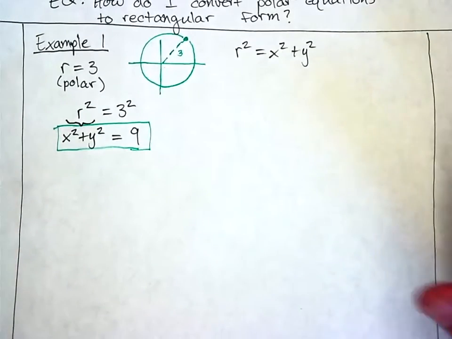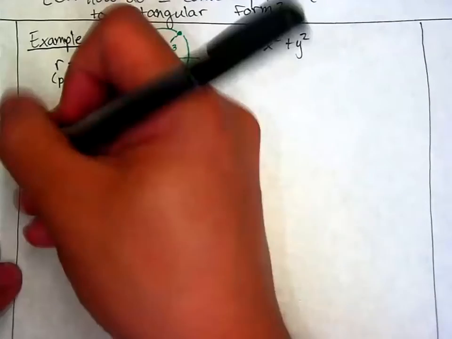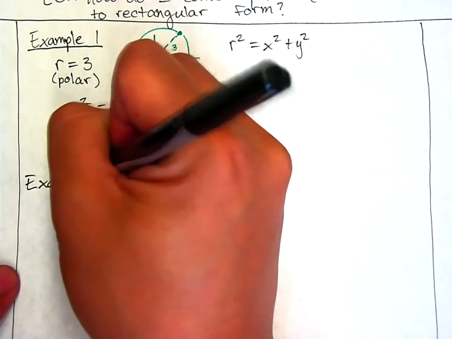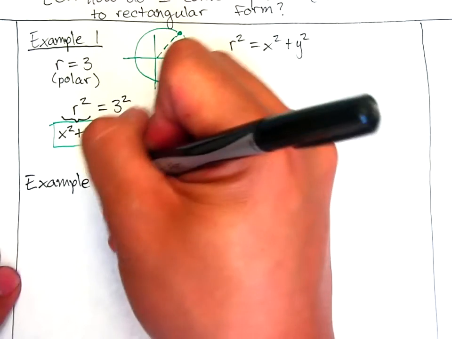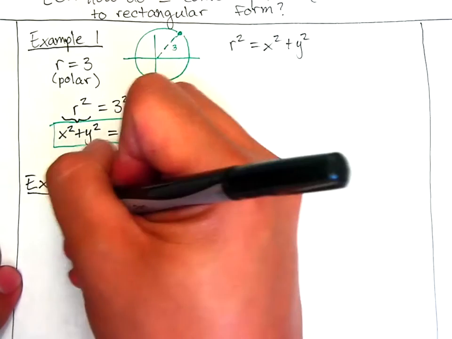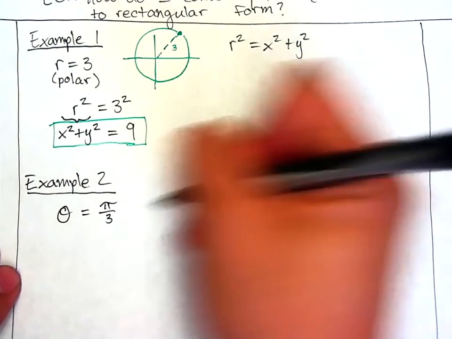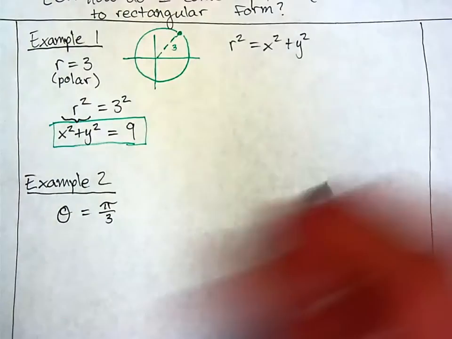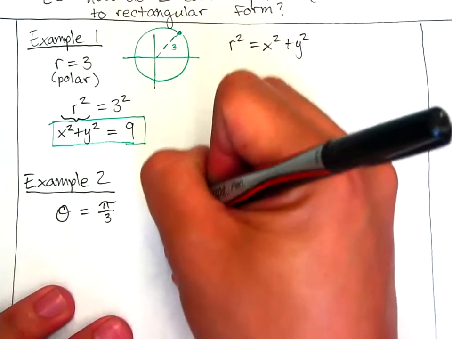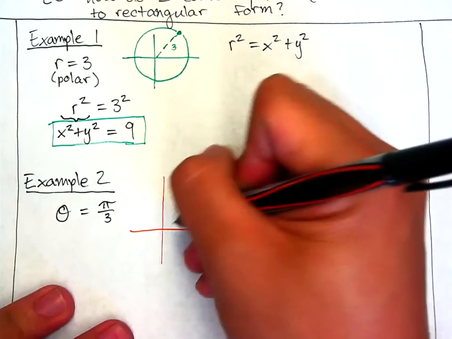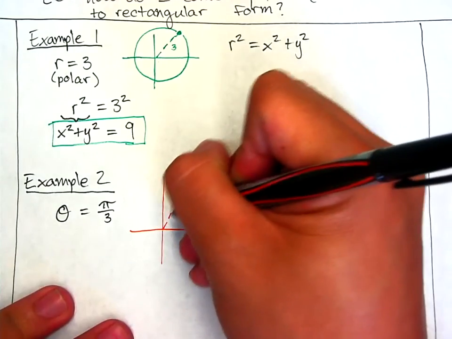Okay? Moving on, we're going to go ahead and do example 2. This one's a little bit different. Rather than being given an r value, we're given a theta. So example 2, theta is equal to pi over 3. So if I were to sketch that one, pi over 3 is 60 degrees, so it's going to be approximately somewhere over here.